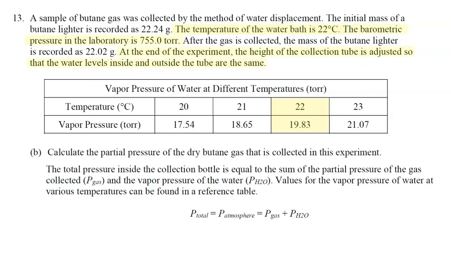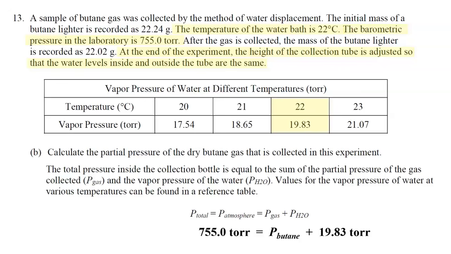So the barometric pressure in the laboratory during this experiment is 755 torr. And at the end of the experiment, the height of the collection tube is adjusted so that the water levels inside and outside the tube are the same. That means that the total pressure is equal to the atmosphere or the barometric pressure, which is 755 torr.